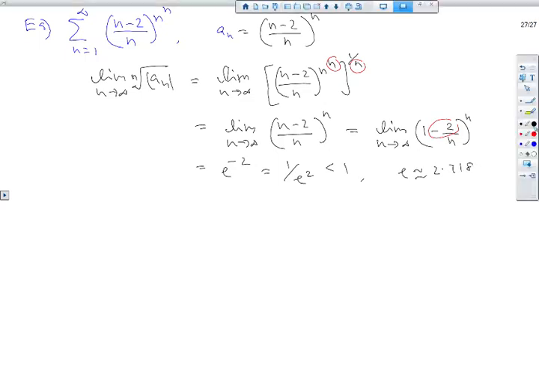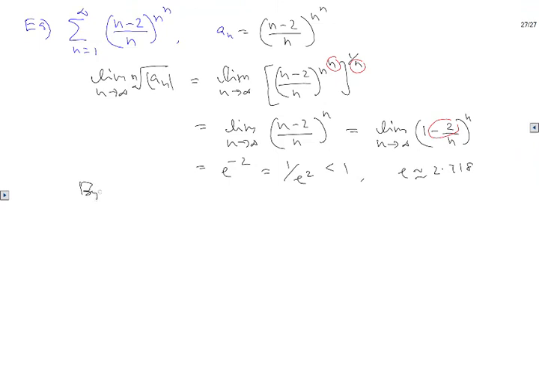Okay, so that means by the root test, the series converges. Okay, good.